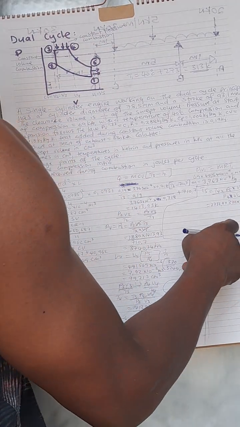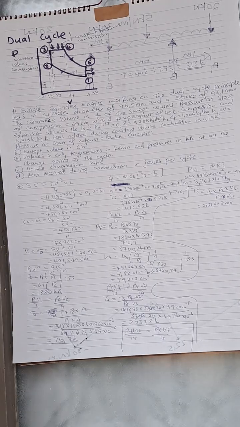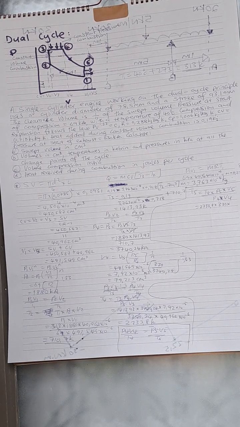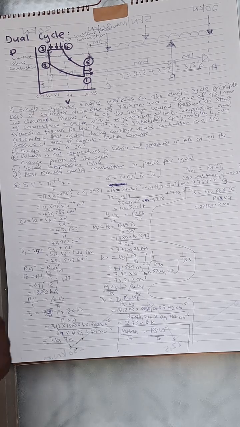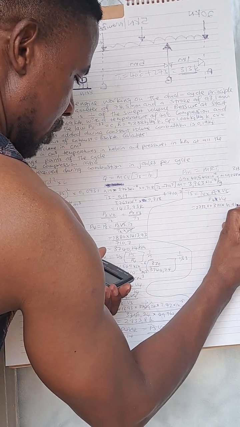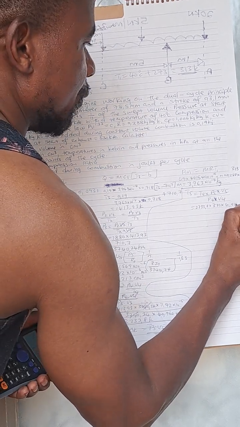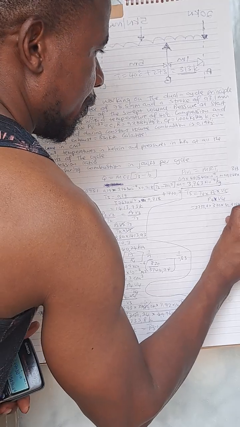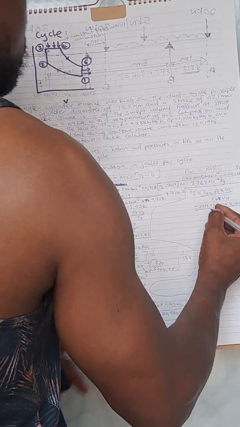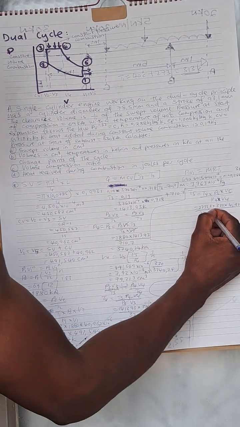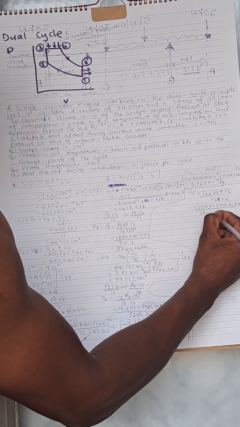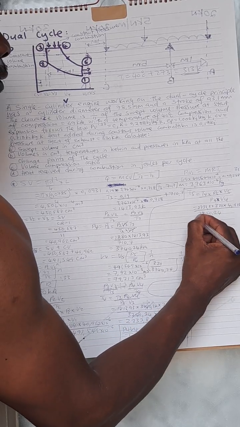And then V5 is 491.549 times 10 raised to the power of negative 6, which becomes 4.915 times 10 to the power of negative 4, divided by our P4, which we said is 3740.24.